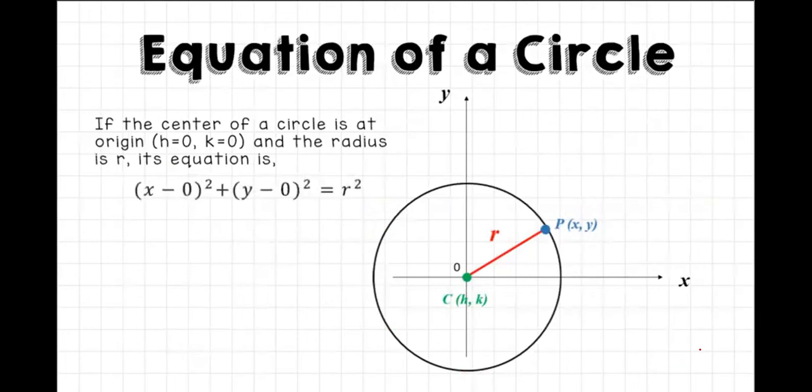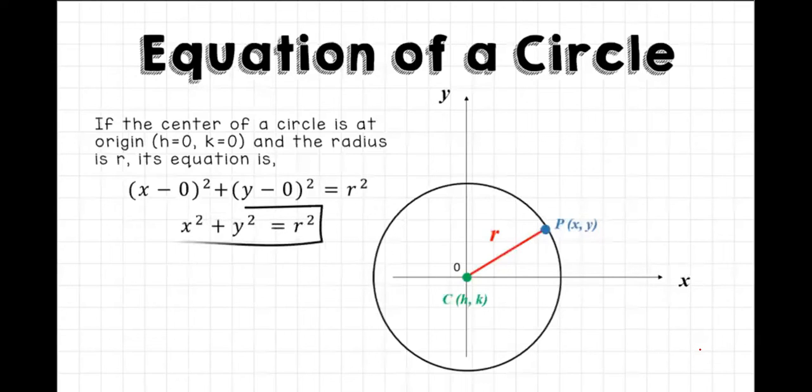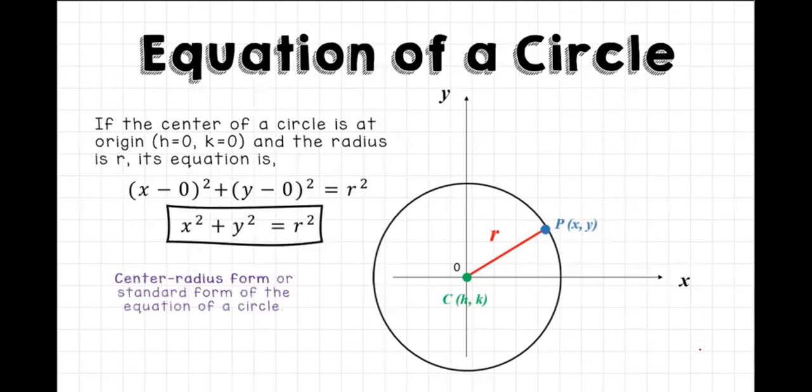So, at best, you will have to substitute kasi meron ka ng definite value for h, k, which is both 0. Then, you just have to simplify. Therefore, you will get x squared plus y squared equal to r squared. So, wala ka ng h, k and the only value that you need is the value of r.